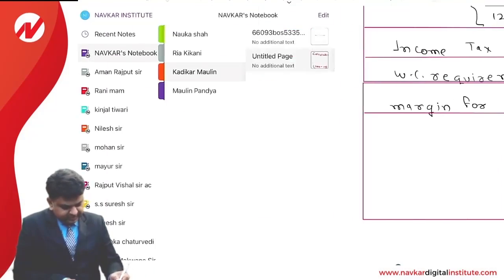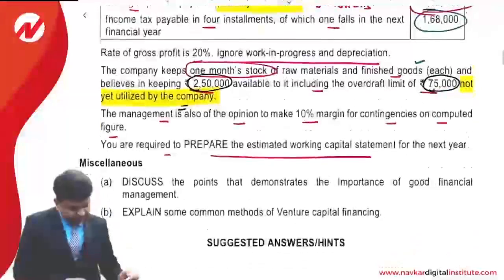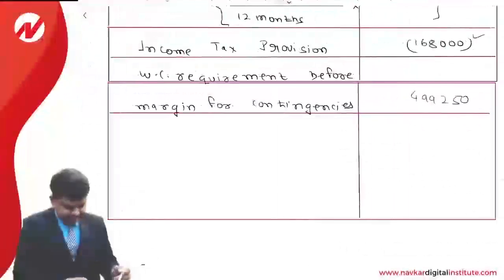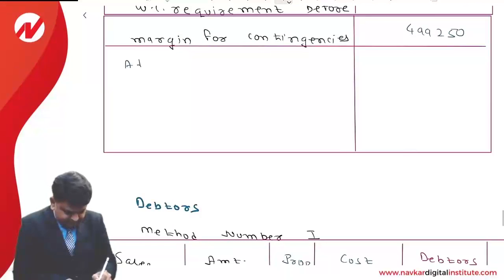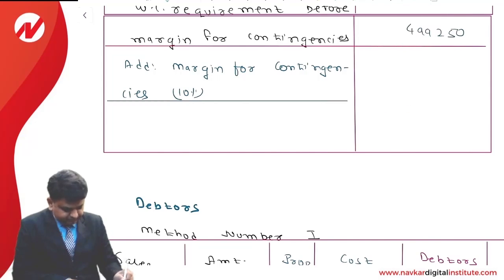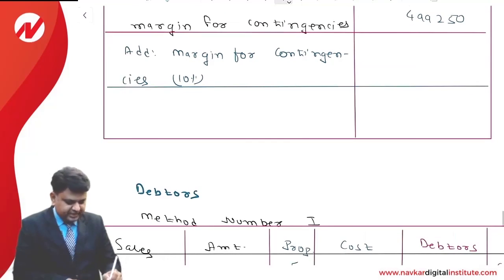Then we have been provided with the margin for contingencies to be kept as 10%. So add margin for contingency. It is at the rate of 10%. So 4,99,250 into 10%.